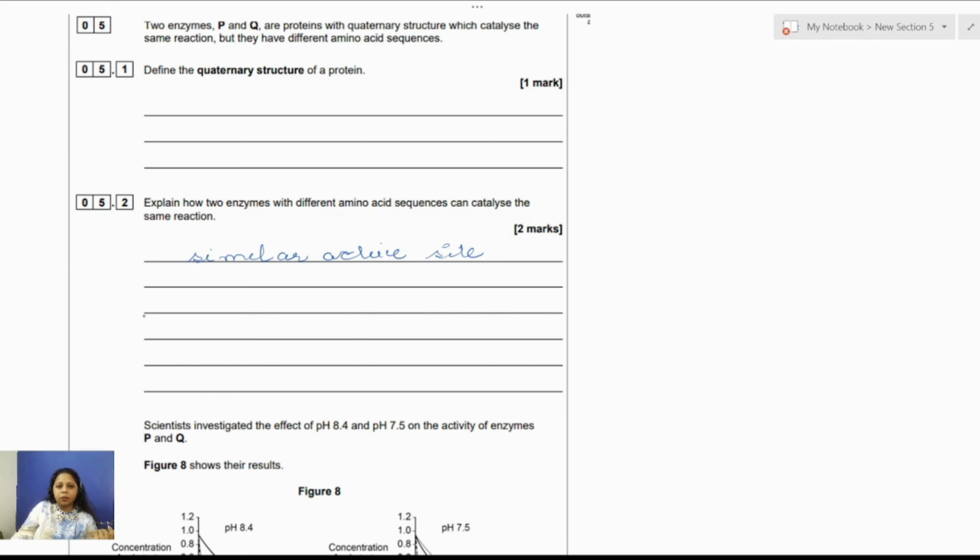Okay. So if they have a similar active site shape, what is going to happen next? So it makes more enzyme substrate complexes and the product is formed. Okay. This one is quite a simple one.